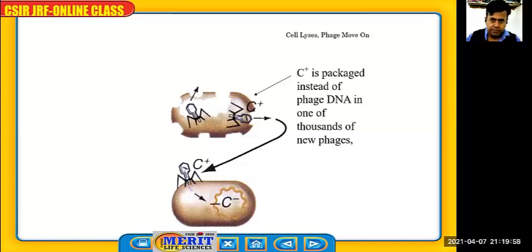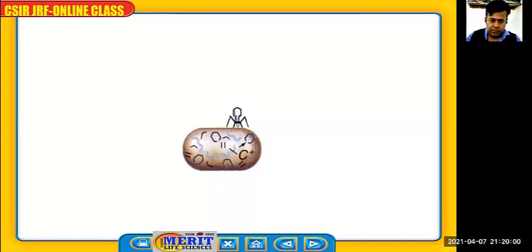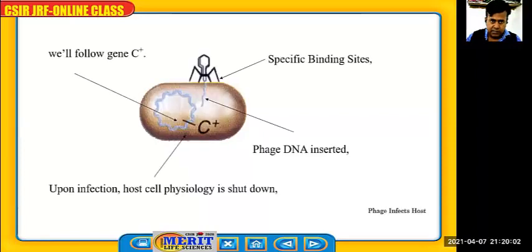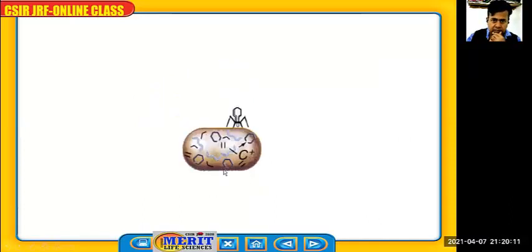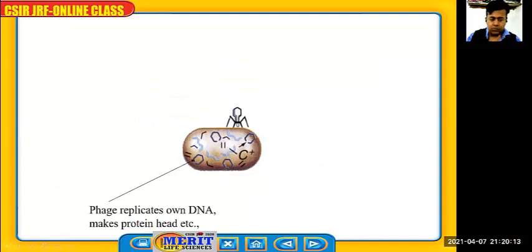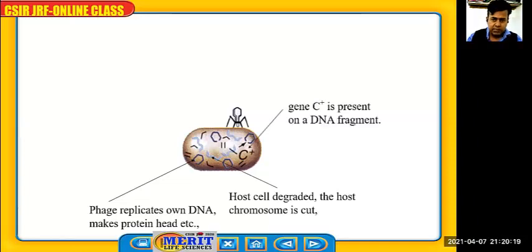For example, suppose this is the phage attacking the bacteria, right? And one of the genes, C plus, is going to be inserted upon infection. Then what next? The phage replicates its own DNA and makes protein heads. The host cell degrades, the host chromosome is cut, and gene C plus is present on DNA fragments.